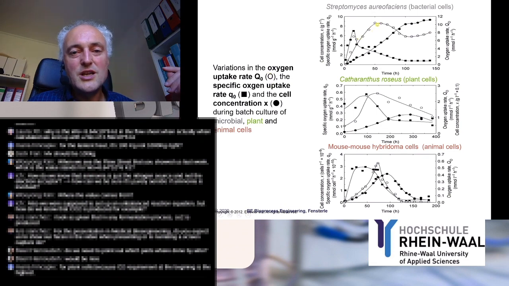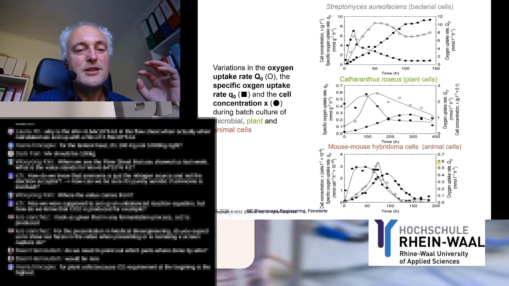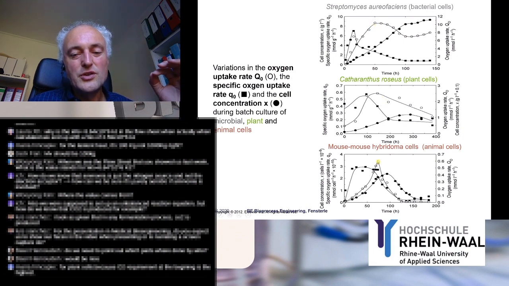The maximum here is roughly 10 millimole per liter per hour. The maximum here is roughly 2.5 millimoles per liter per hour, and the maximum here is roughly 0.6 millimole per liter per hour. So the highest point is here. It's 10 versus 2.5 versus 0.6.